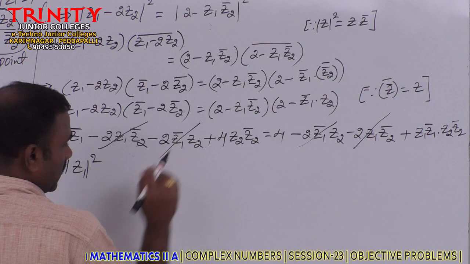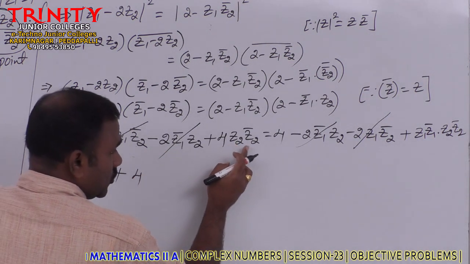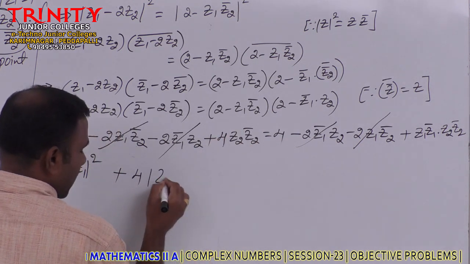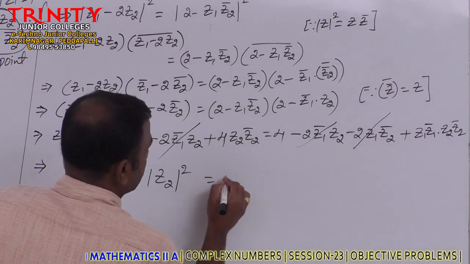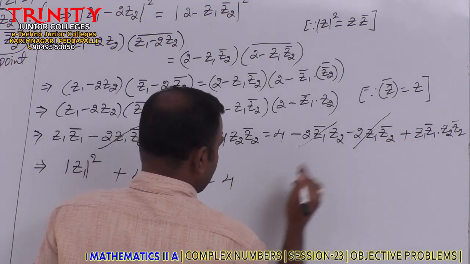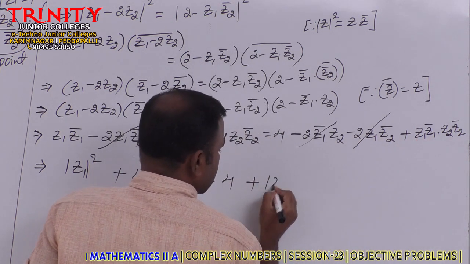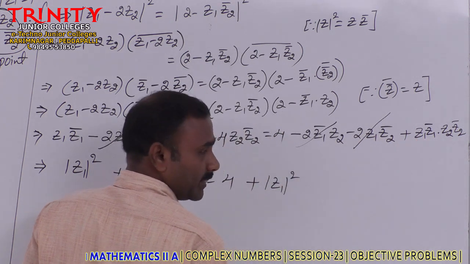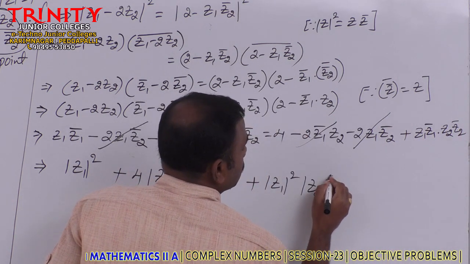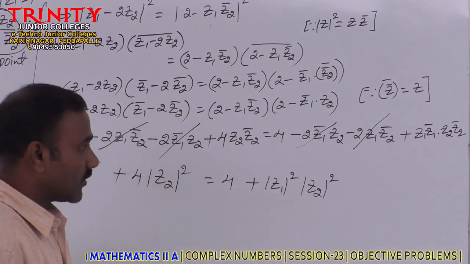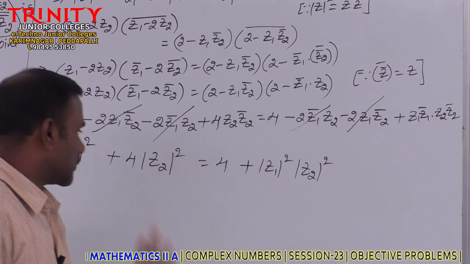The remaining value on the left side is plus 4 Z2 Z2 bar, which we can write as mod Z2 square, is equal to 4 plus Z1 into Z1 bar, which is nothing but mod Z1 square, and Z2 Z2 bar is nothing but mod Z2 square.